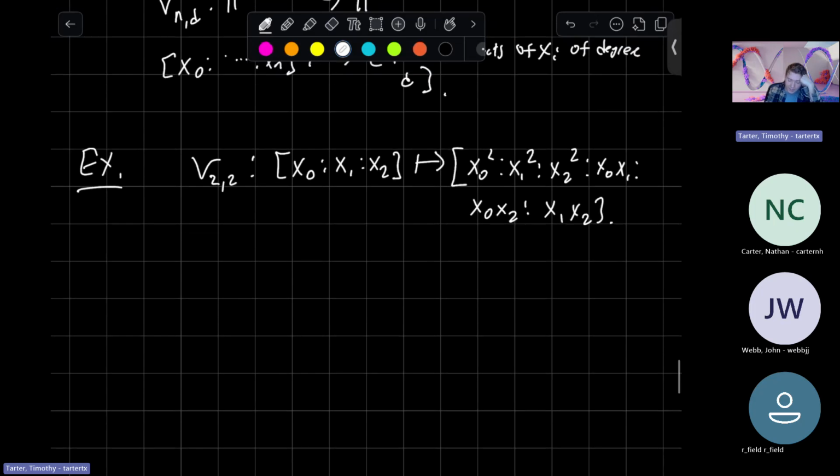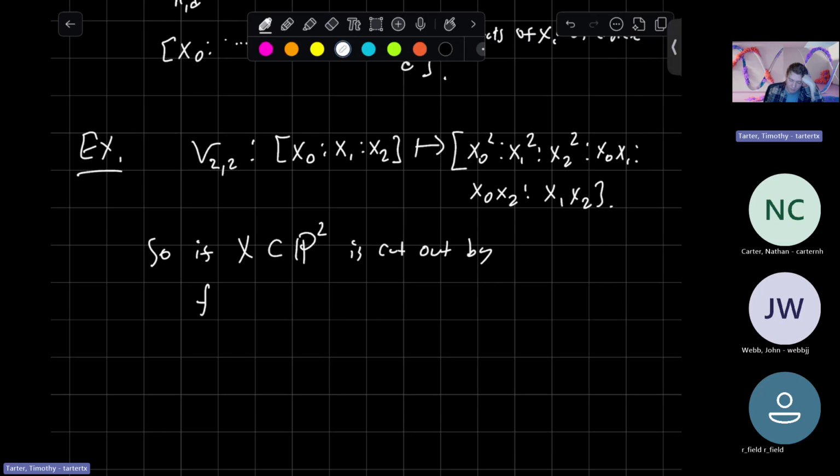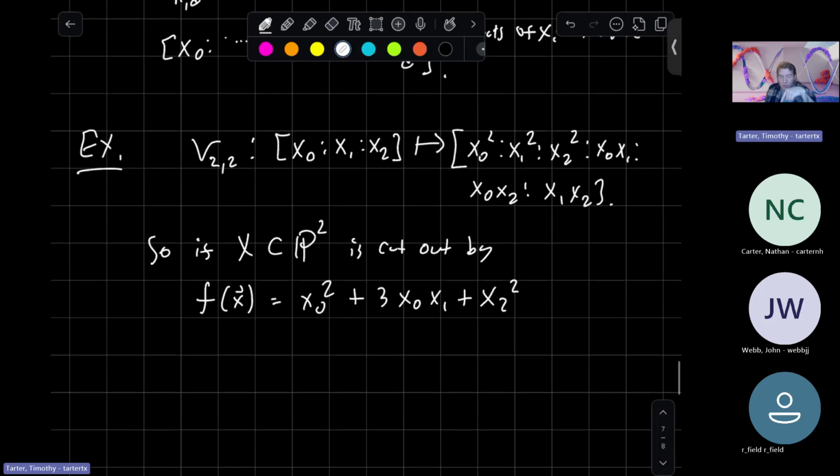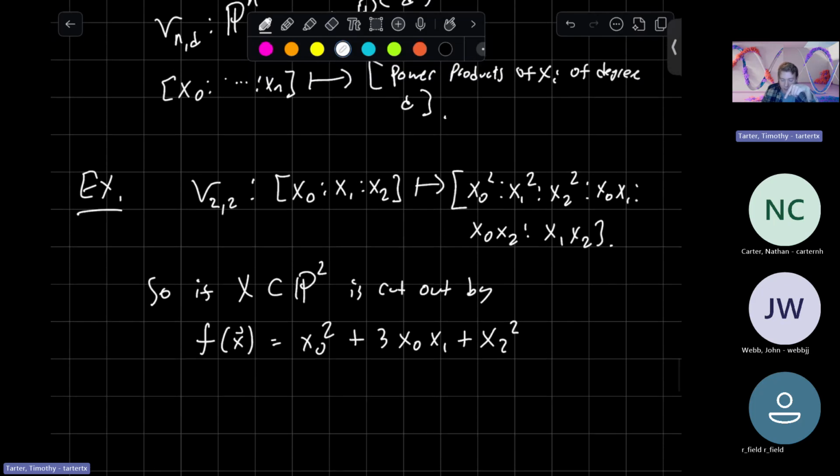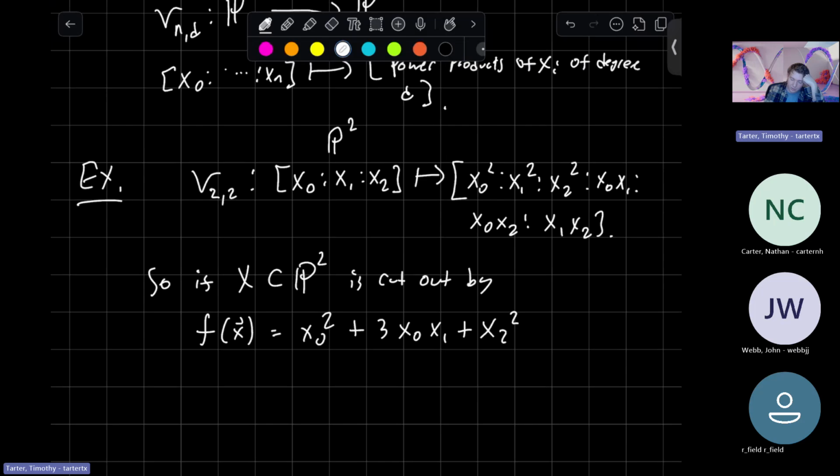And so if we have a variety X in P2 cut out by, let's just say, f of x equal to x0 squared plus 3 x0 x1 plus x2 squared. This is very nonlinear in P2, but over in P5, this is very much a linear term. So in this case, this is P2 to P5.